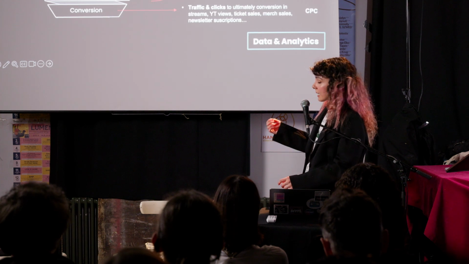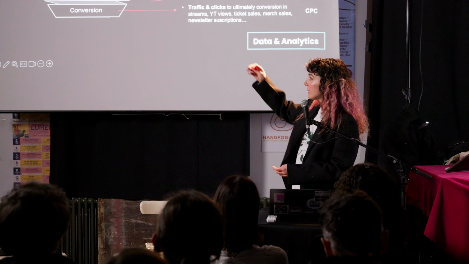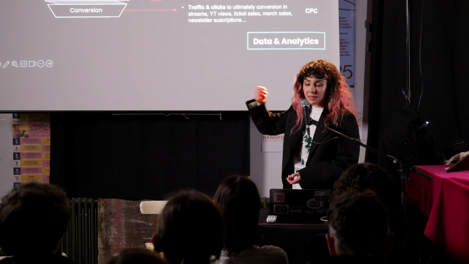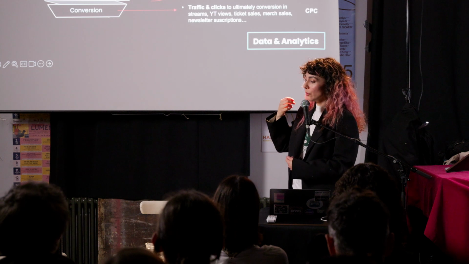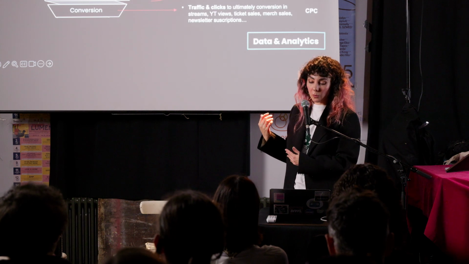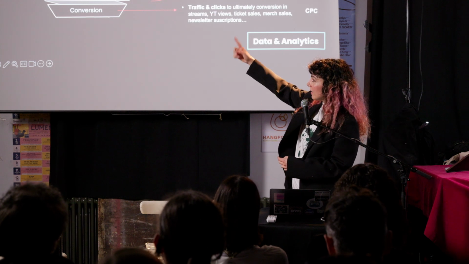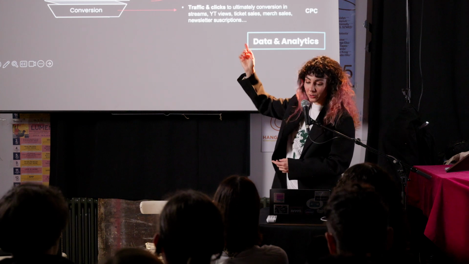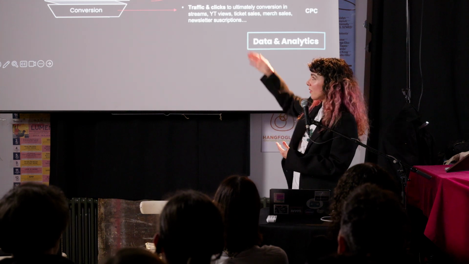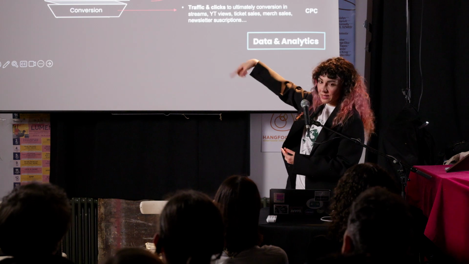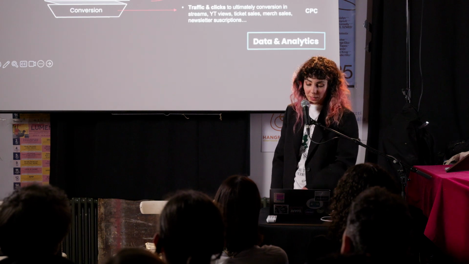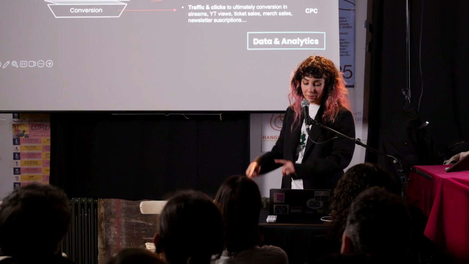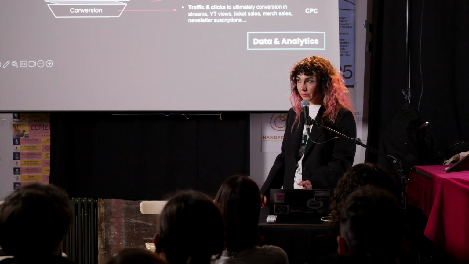So, for example, if your goal is visibility, awareness, and your campaigns are not working, you can always go back again to the beginning. So it's not a funnel, really. It's more like a cycle. The marketing journey.